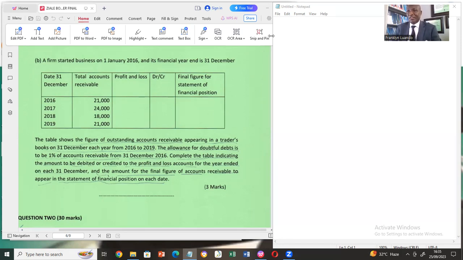An allowance for doubtful debts is an amount set aside from the P&L to meet the possible bad debts. And now you make a provision or an allowance for each year. I want you to understand this concept. This is very important.